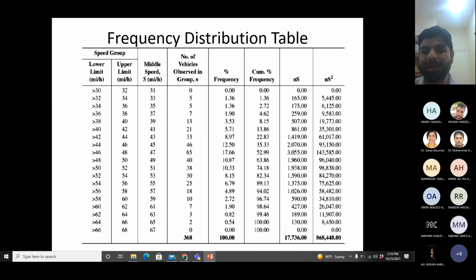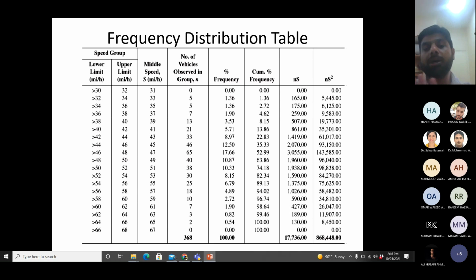And that value is not dependent upon the speed of the drivers on the road. Because remember, you made the speed groups. You had the range and you decided that you will make the speed group of 2 mile per hour interval, and the middle speed will be this much, and so on and so forth. So you are actually deciding these values.